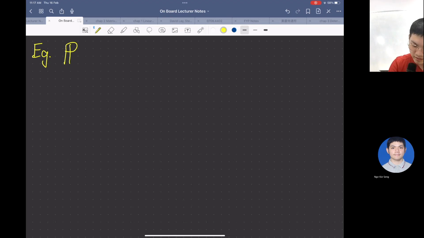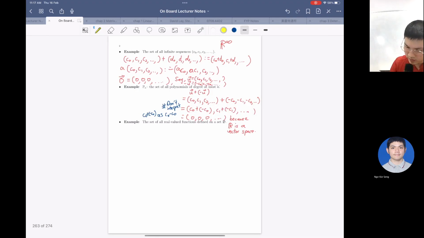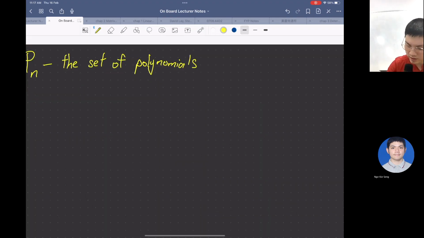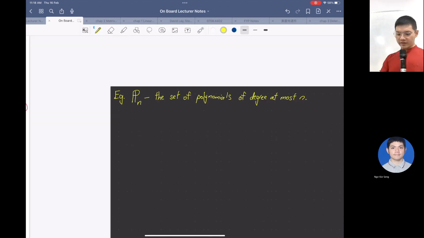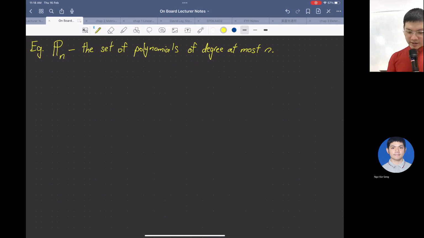So Pn is the set of polynomials of degree at most n. I'm sure you have seen polynomials before, just that maybe you haven't seen them organized in this way. So this is defined as a set of polynomials.